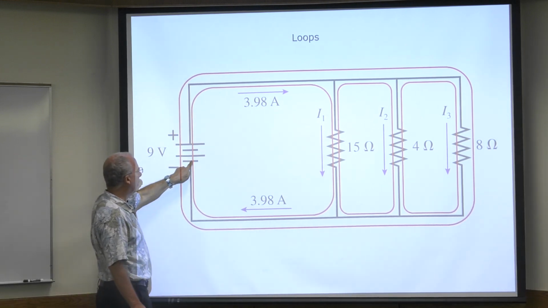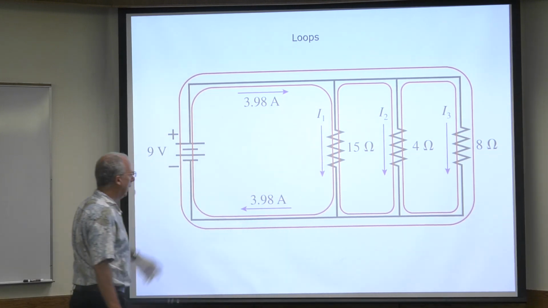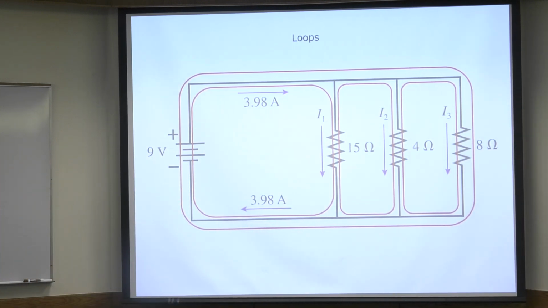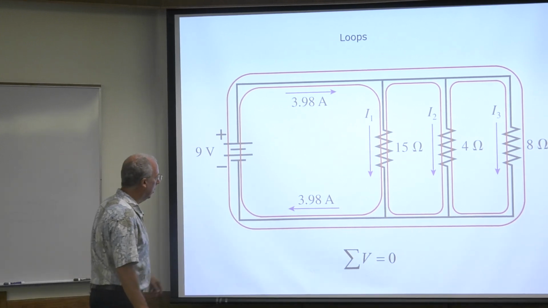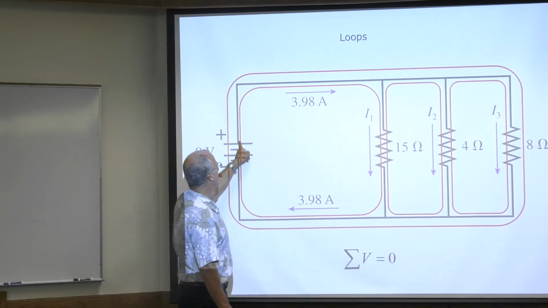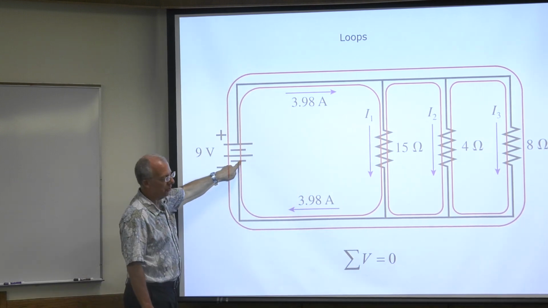Let's say 0 volts, 9 volts, gives up the 9 volts here, comes back at 0. So what's the sum of the voltages around a loop? 0, right? So that's the Kirchhoff voltage rule. The sum of the voltages around a loop, which means you start and end at the same point, is 0.